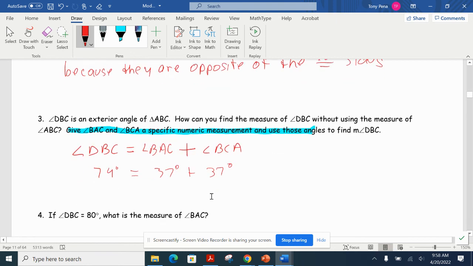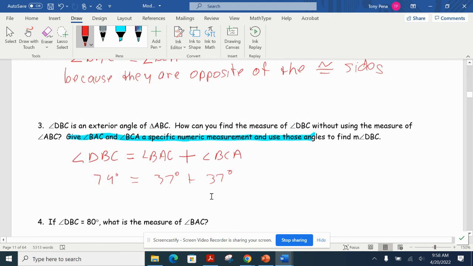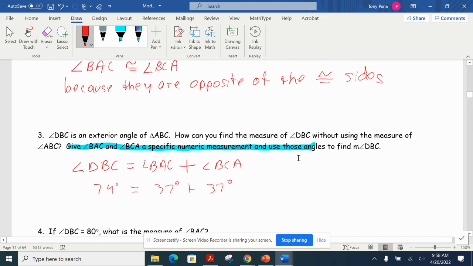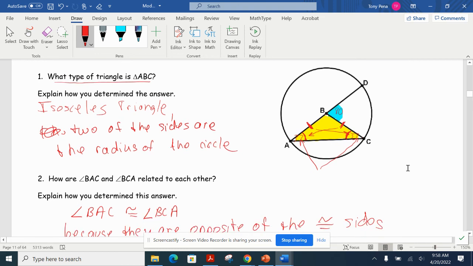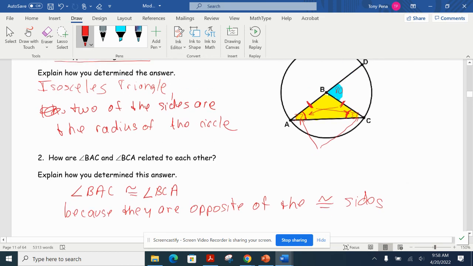Go to your number 4 and answer. I think this is, yeah, the last of 2. So let's say angle DBC was 80. So if this was an 80 degree angle, write down what those other 2 angles would have had to have been. All right. If our blue one was 80, so now let me create a little space in here.